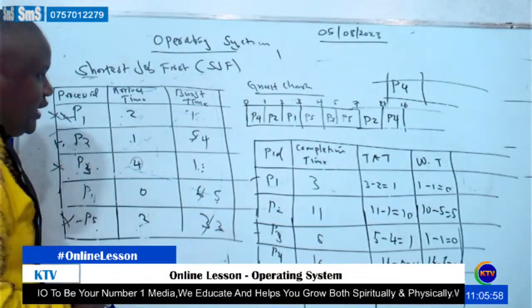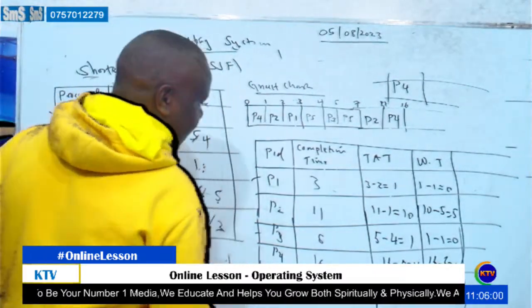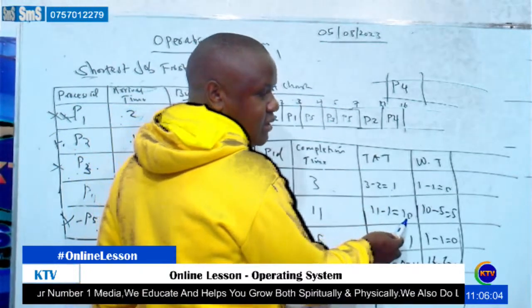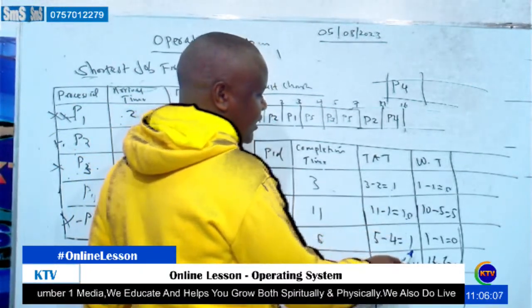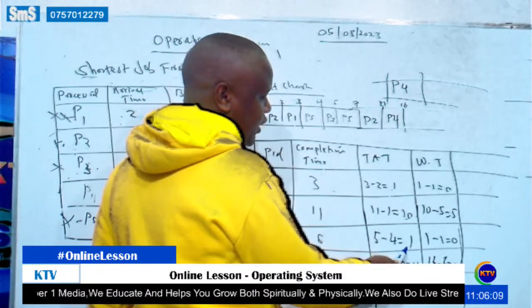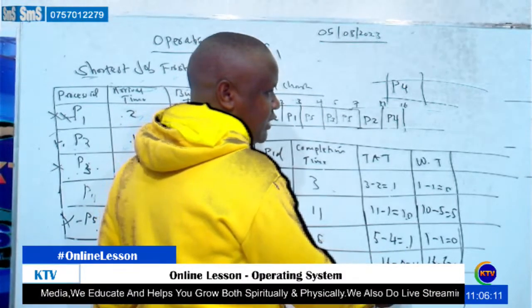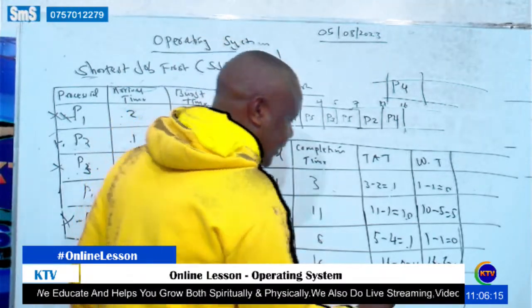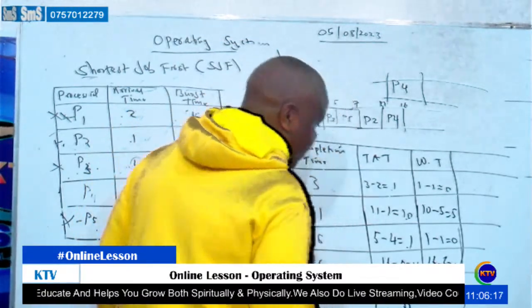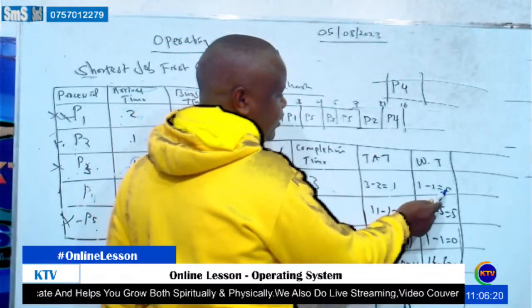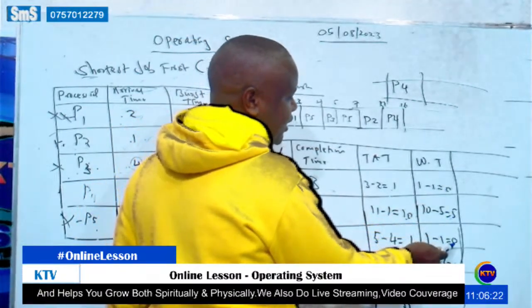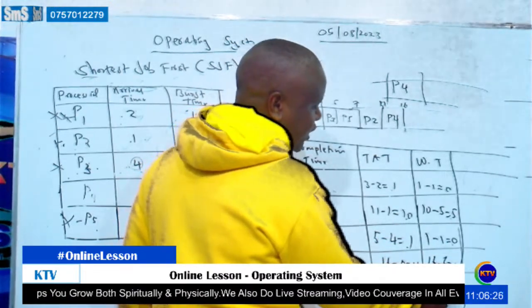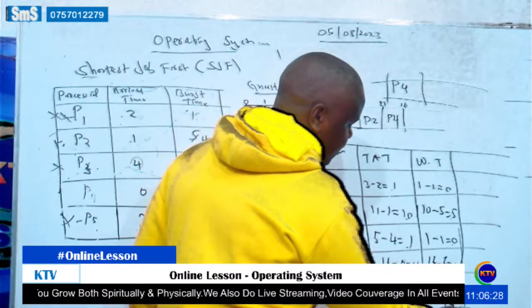Now let's quickly get the average waiting time. First we add the turnaround times: 1 plus 10 is 11, plus 1 is 12, plus 16 is 28, plus 5 is 33. Then the waiting times: 0 plus 5 is 5, plus 0 is 5, plus 10 is 15, plus 2 is 17.